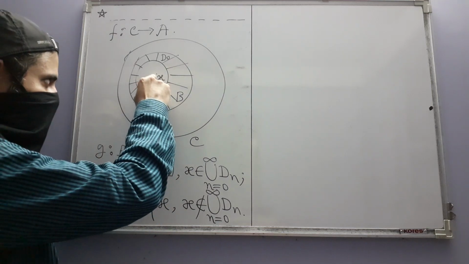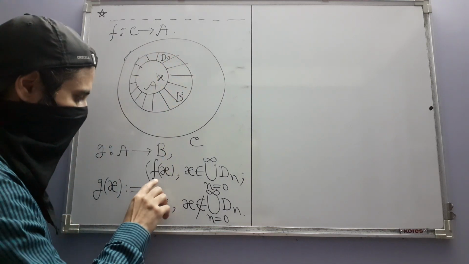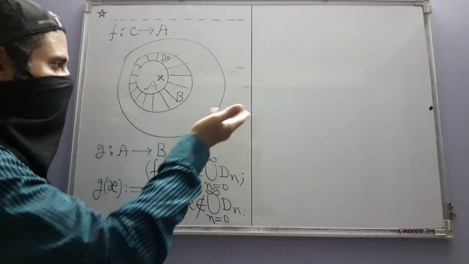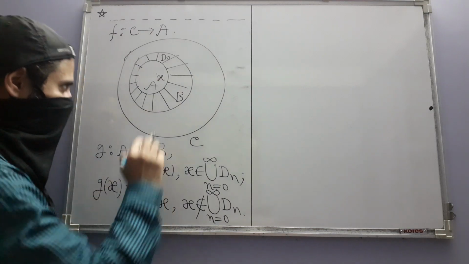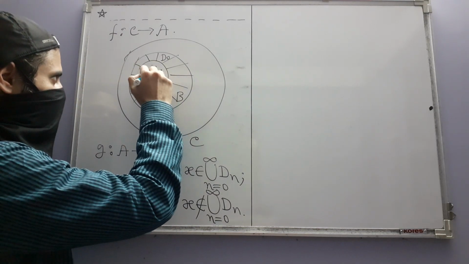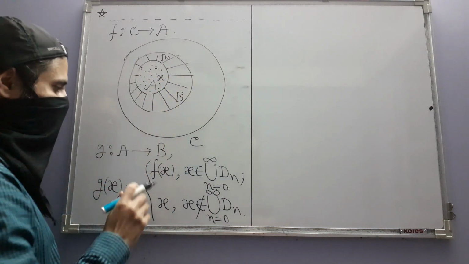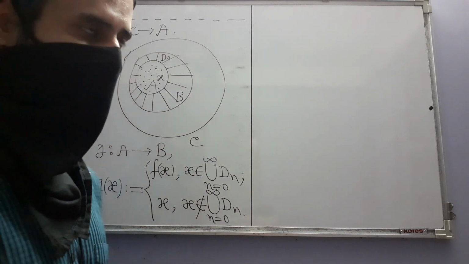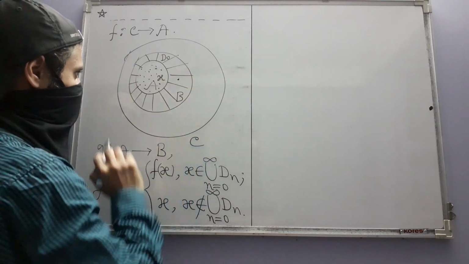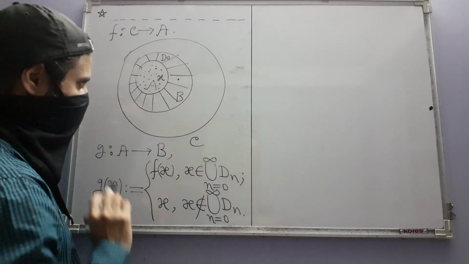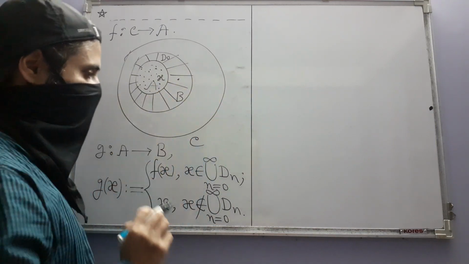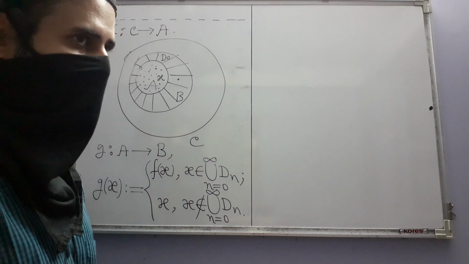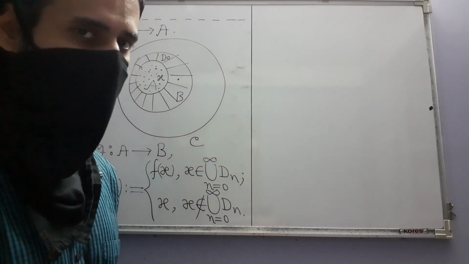If the output is x, then it is in A, and if the output is f of x, then because of this, again the output is in A. So we are never leaving A. We are forever trapped inside A, although we are saying that we are mapping A into B. So if there is something else in B, that means outside of A, that can never be the output for any input under g. In other words, g will not be onto.